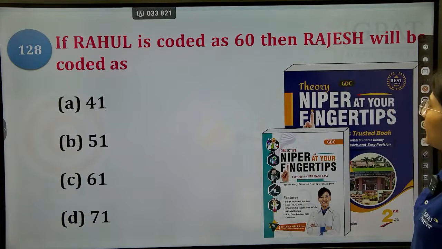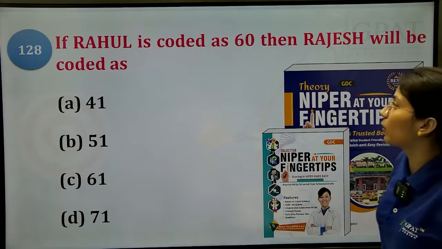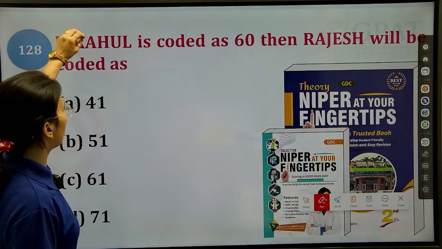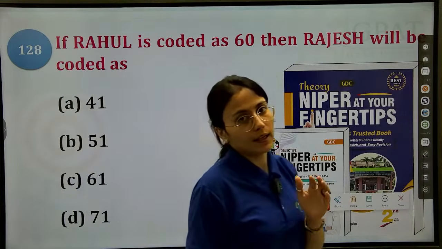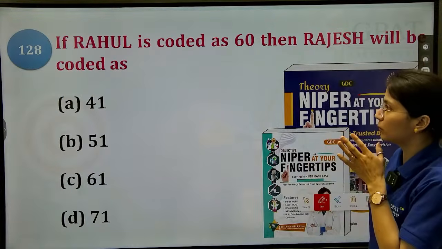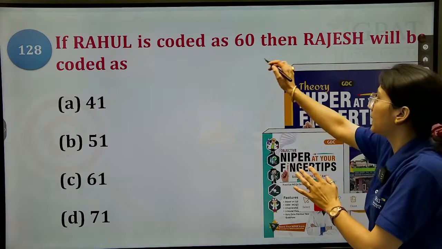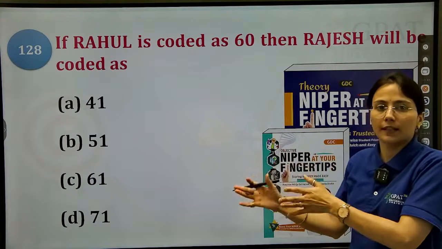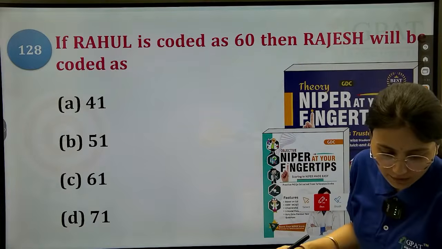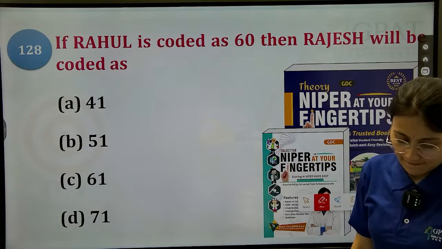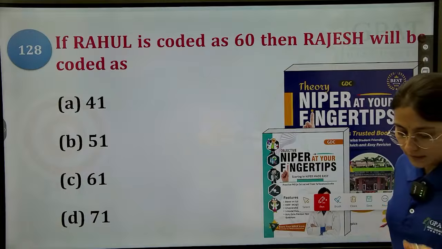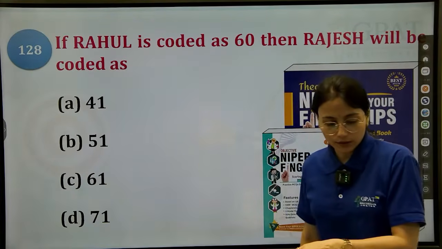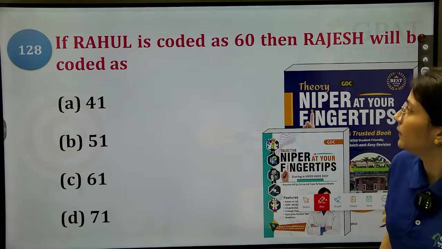If Rahul is coded as 60, then Rajesh will be coded as what? You can check the alphabetical position. R plus A plus H plus U plus L is coded as 60. Then you will add R plus A plus J plus E plus S plus H and you will get your answer. R is in 18th position, A is in 1st position, H is in 8th position.